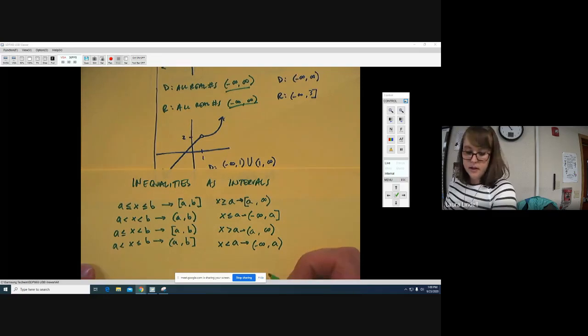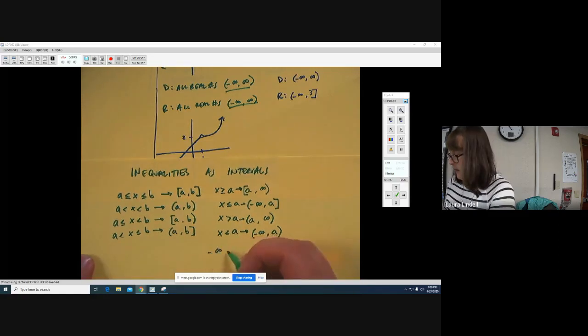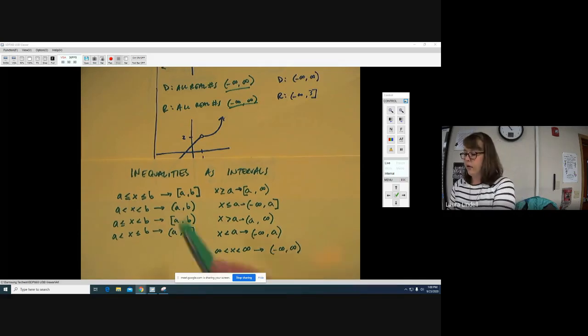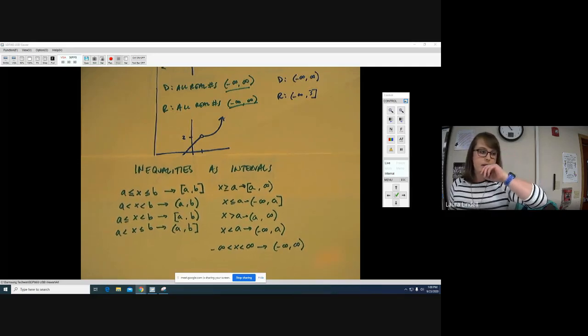And then if I have negative infinity to infinity, then it's just negative infinity to infinity here. So if you see something written as an inequality, in order to write it as an interval, these are kind of guidelines to follow. Okay.